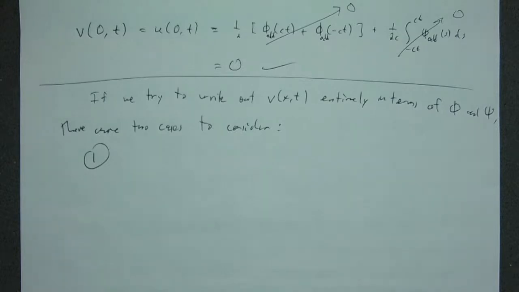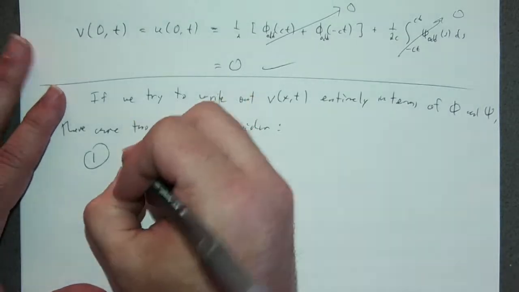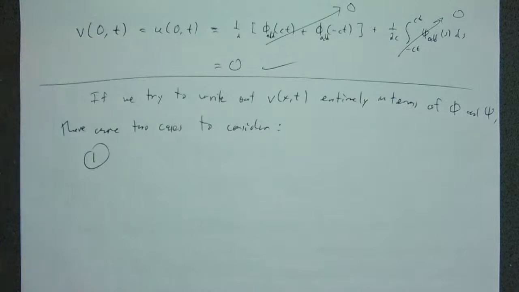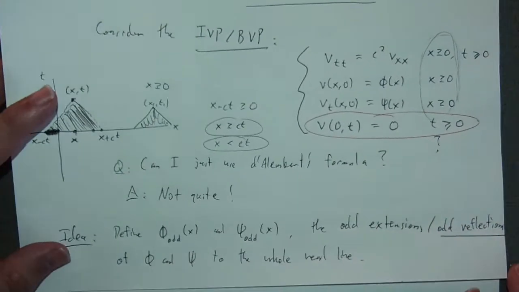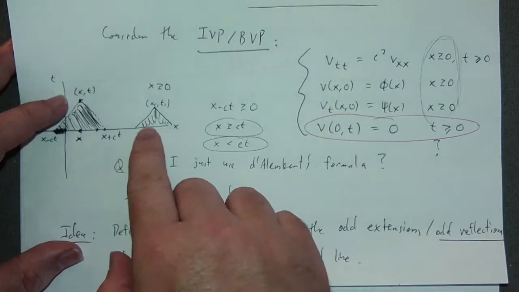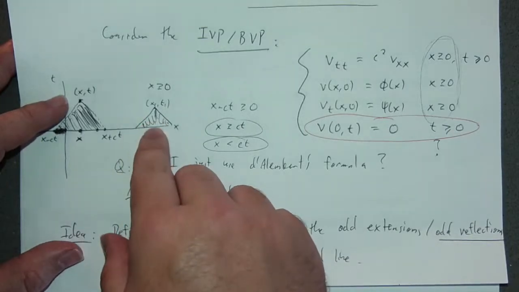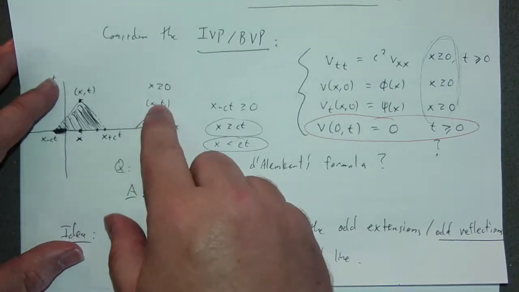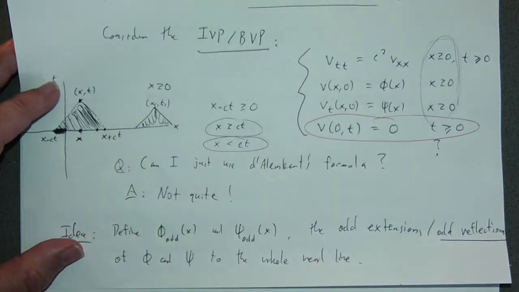And so you might think about this in the following way. Let me bring back this picture. If I'm in this situation where my domain of dependence looks like it did before, what can I say here?